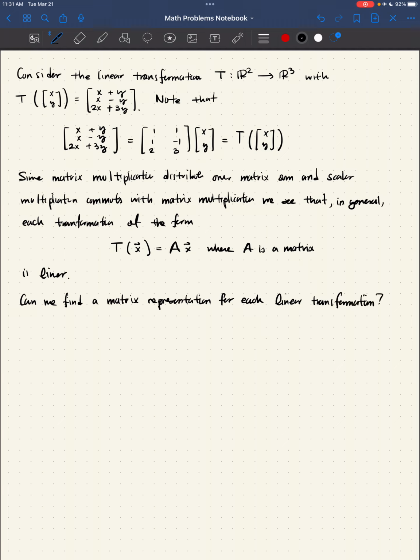Well, we'll go into details so that we can actually determine a mechanism to find such a representation, and we're going to explore the example that we have.